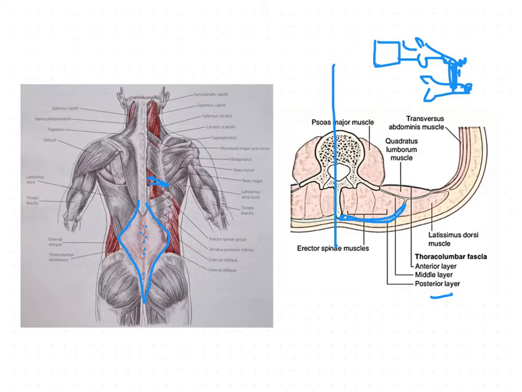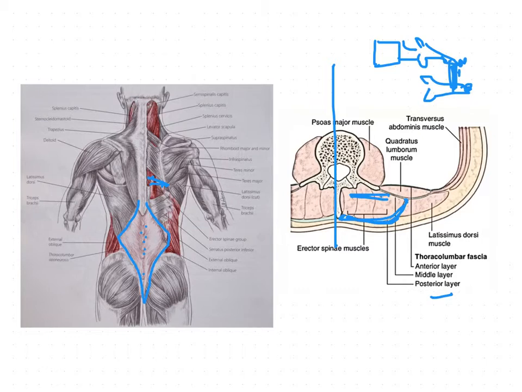Laterally, this posterior layer is going to attach to the middle layer at the lateral border of the erector spinae. These muscles are the erector spinae, which has three groups of muscles.